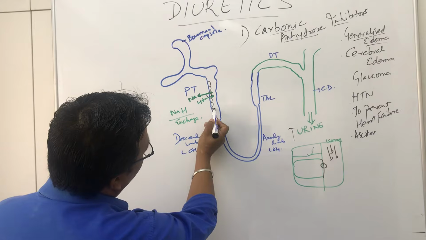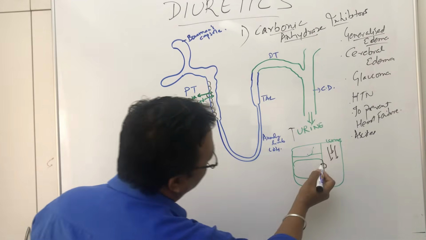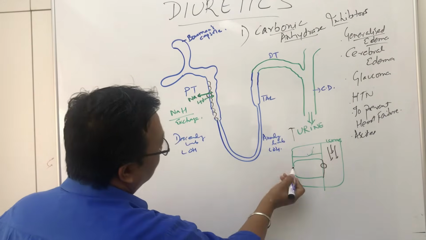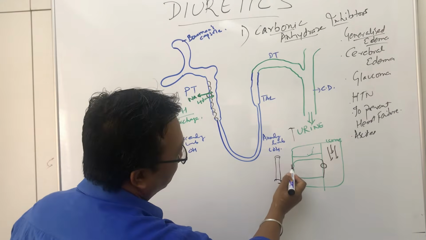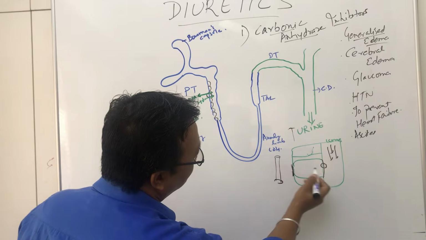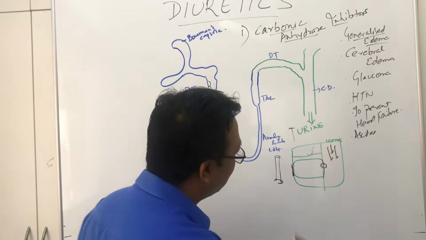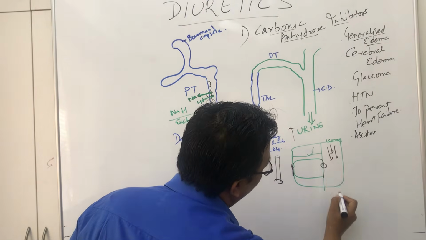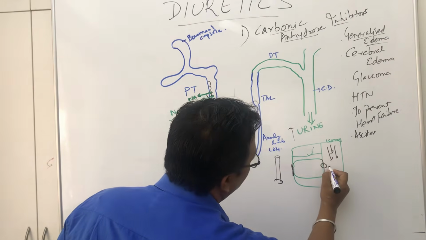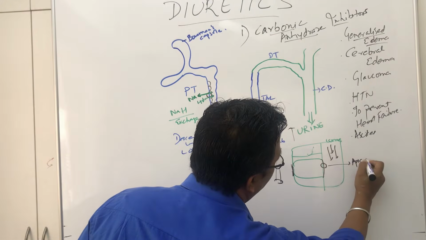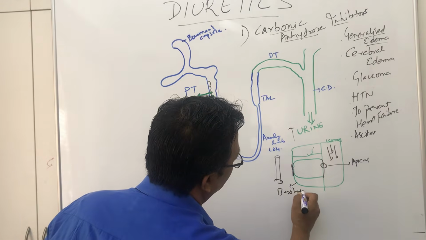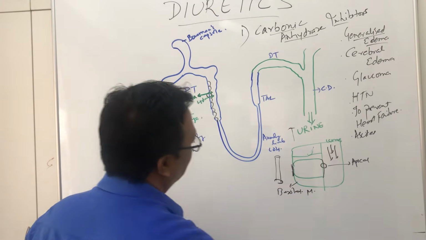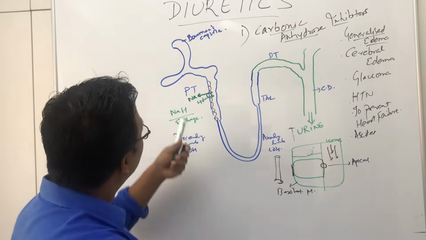The border of the cell that is towards the lumen we call the apical border, and here is the blood vessel, and the back side is called the basolateral membrane. So the apical membrane is towards the lumen, towards the fluid, and the back side is the basolateral membrane, and this is the blood vessel where they will be reabsorbed.